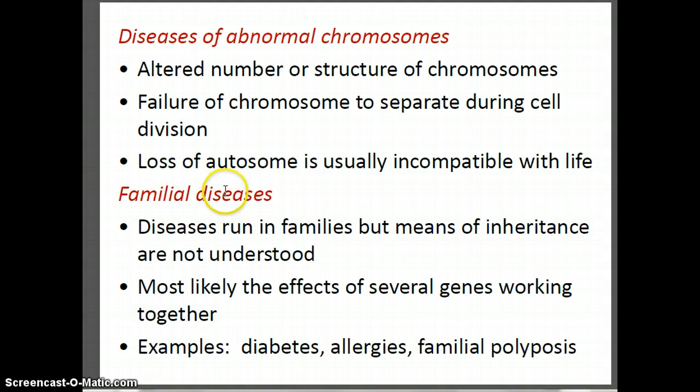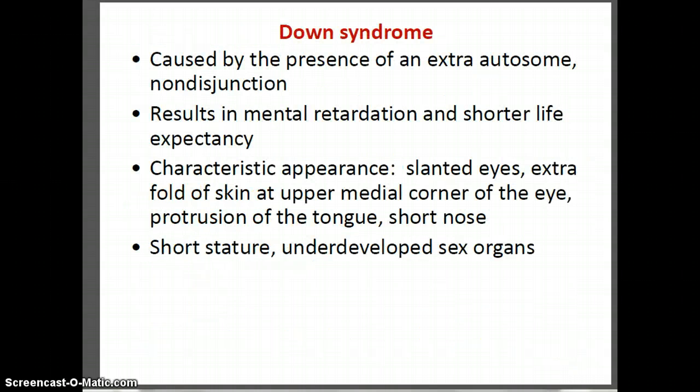Familial diseases run in families, and most likely the effects of several genes working together. Diabetes, allergies, familial, I should say, polyposis. Down syndrome is another disease that is caused by abnormal, let's say, genetic makeup.